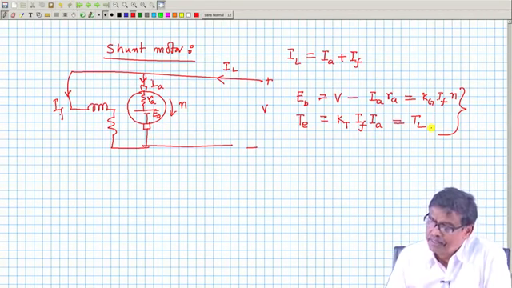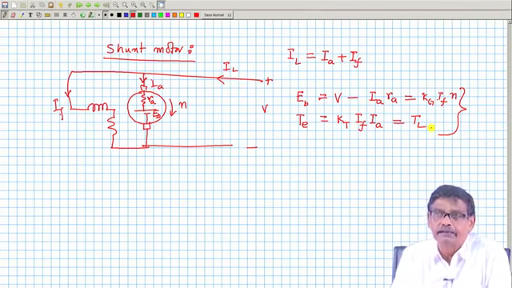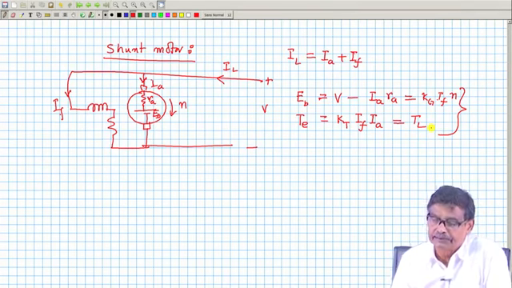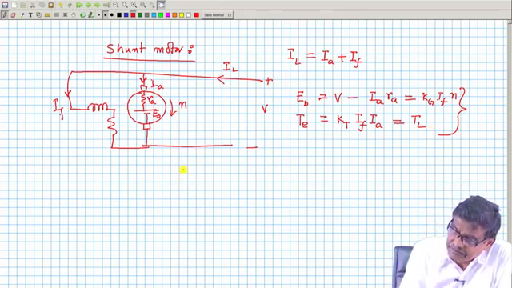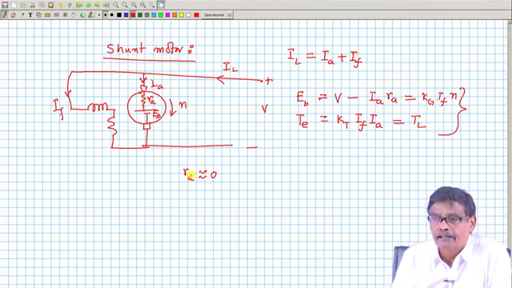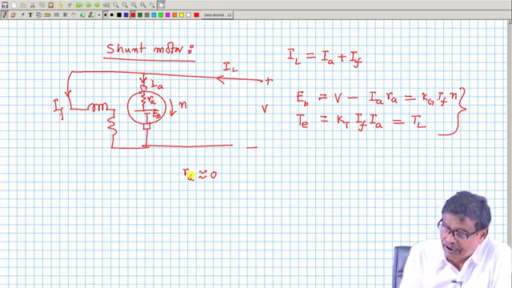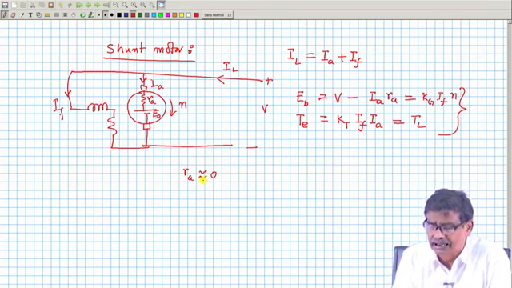Acha, if you are following me correctly, suppose I say that in this DC machine RA is vanishingly small. I am just asking one simple question: RA is equal to 0, vanishingly small, you neglect the IRA drop compared to the applied voltage.